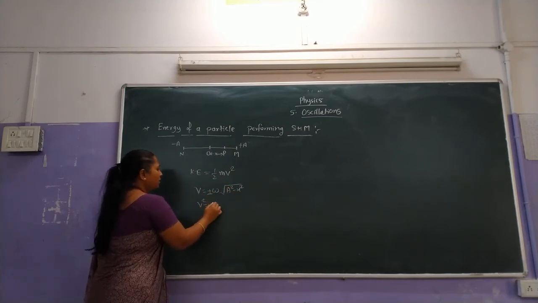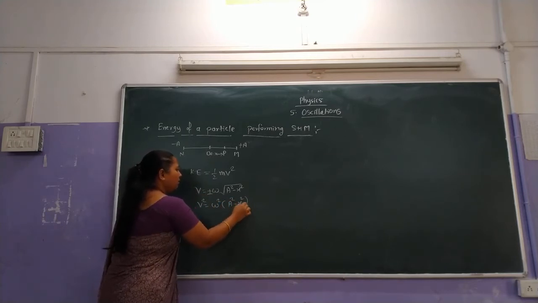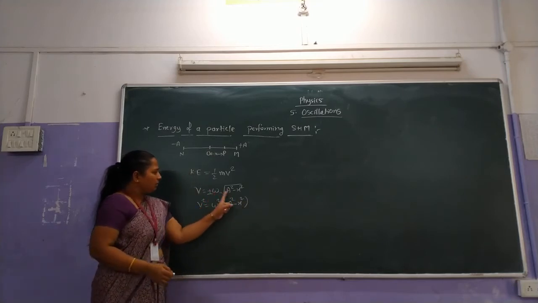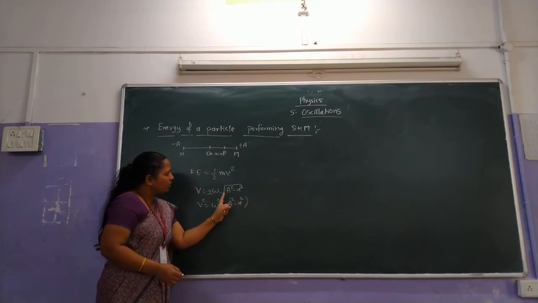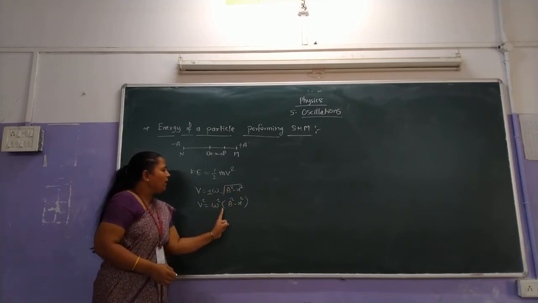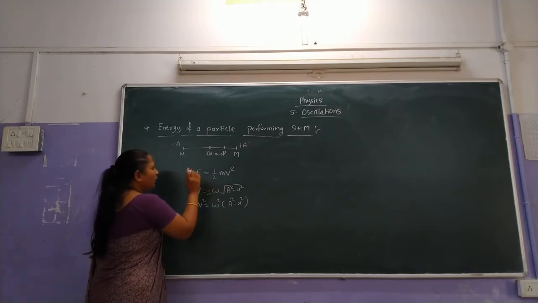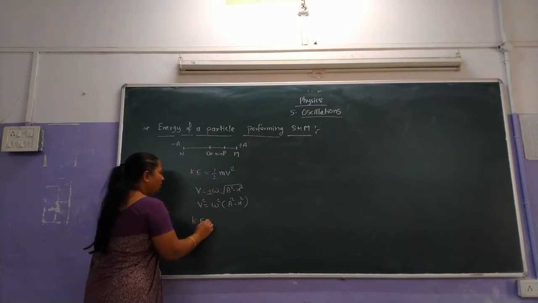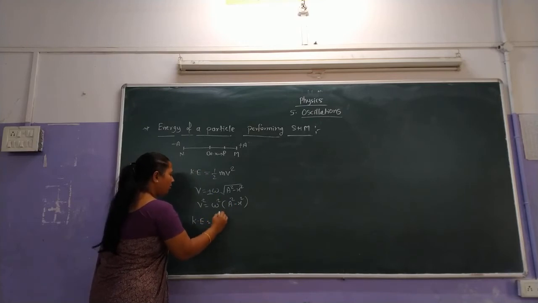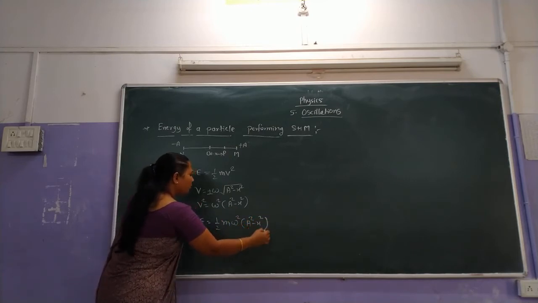Therefore, v square is equal to omega square in bracket a square minus x square. Substituting that value, we get the kinetic energy half m omega square in bracket a square minus x square.